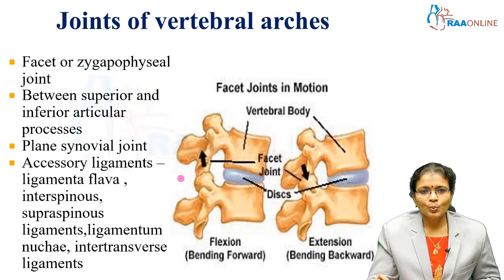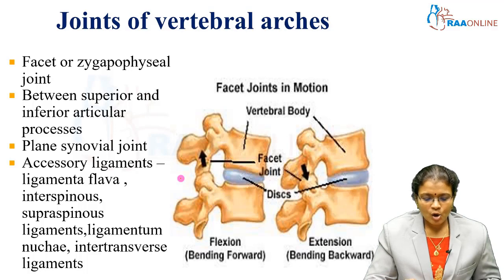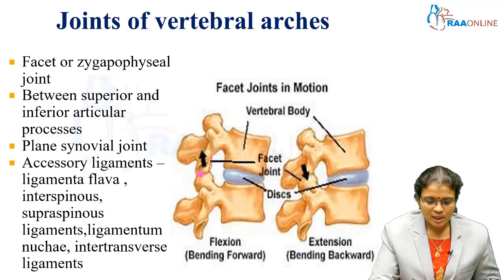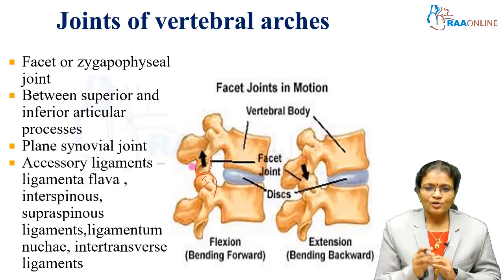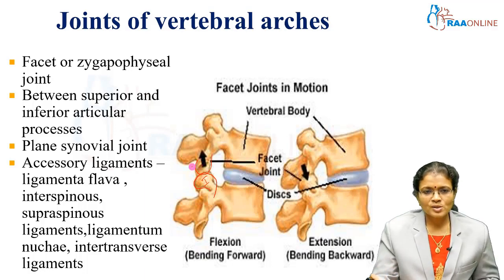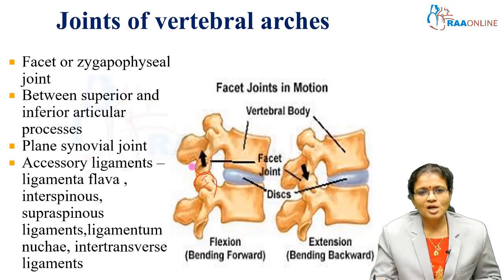Coming to joints of vertebral arches, this is the inferior articular process of the bone above and this is the superior articular process of the bone below. The inferior articular process of the upper bone and the superior articular process of the lower bone articulate to form the joints of the vertebral arches, otherwise called facet joints or zygapophyseal joints. What type of joint is it?